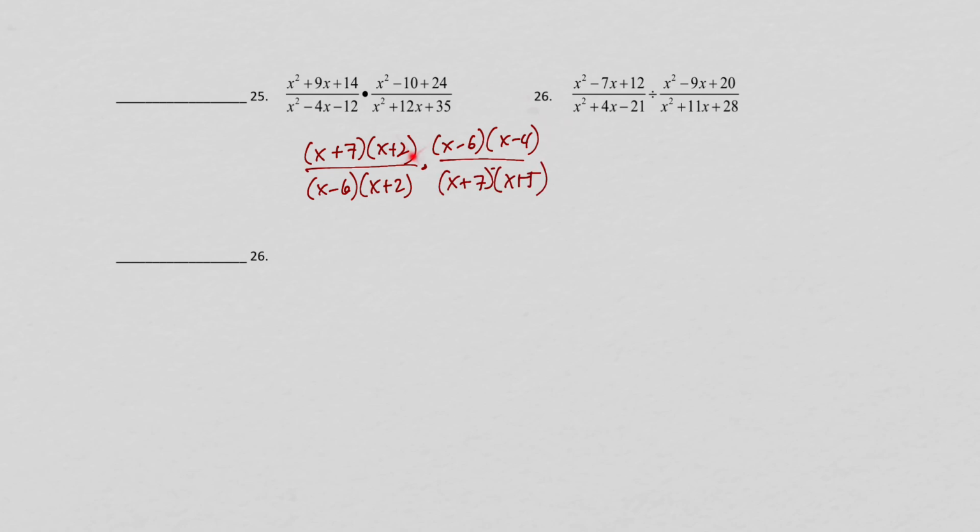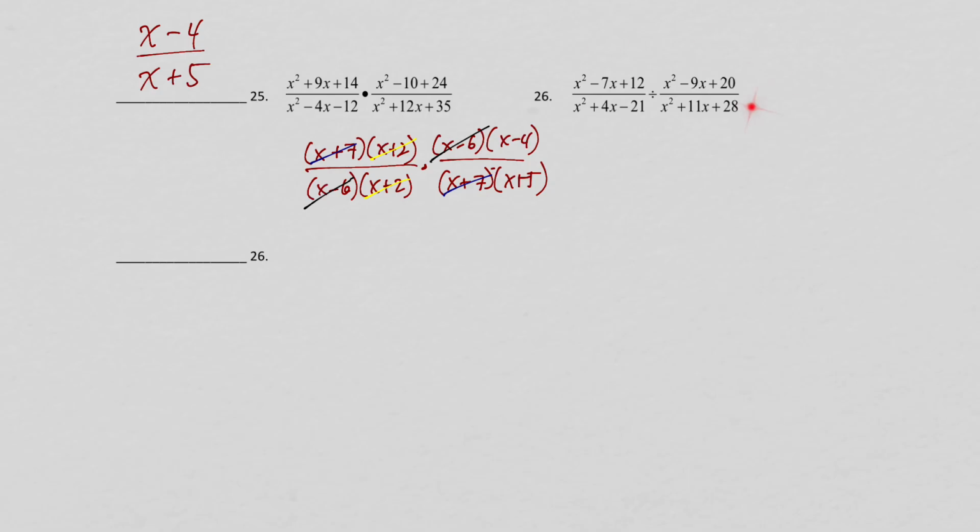Now, anything on top can be canceled with anything on the bottom. So I'll start by canceling the x plus 7s. Then I'll cancel x plus 2s. Then I'll cancel x minus 6. And the only factors I'm left with are right here. X minus 4 over x plus 5.